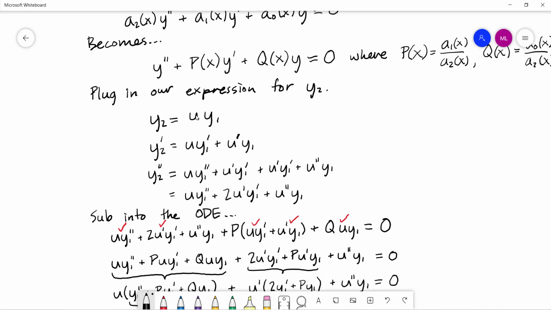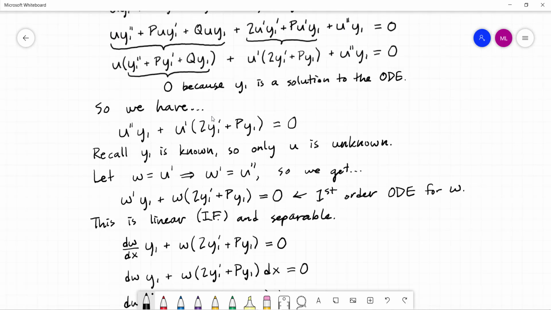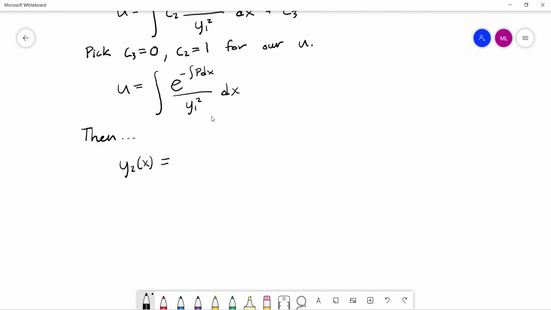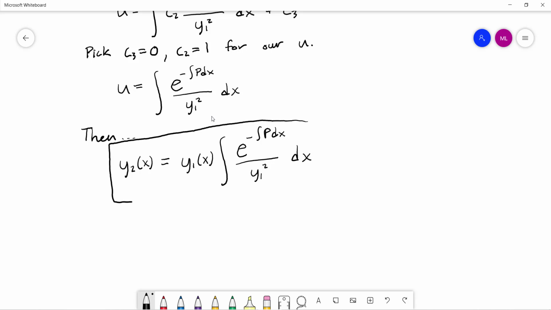Well, we just found u. y1 is some known function that we've supposedly known from the beginning. So it's going to be simply y1 of x times this integral. This is our expression for our second solution.